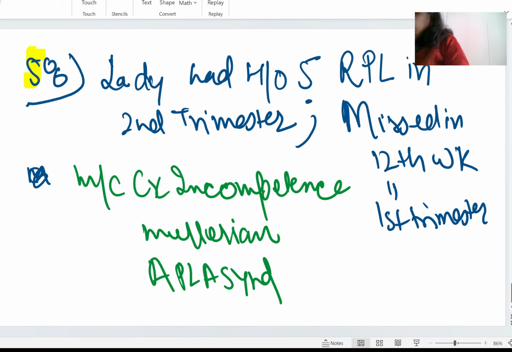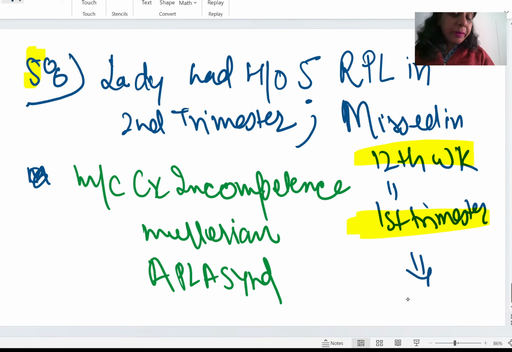Now, because one abortion was there in the 12th week also, we will also go for the chromosomal karyotyping to find the trisomy or the monosomy.